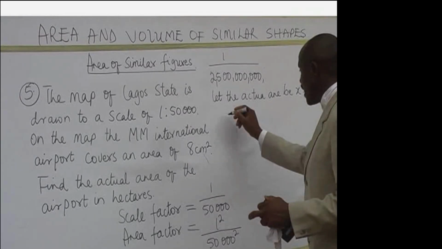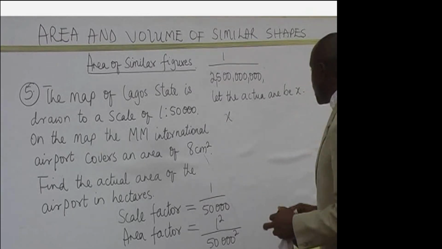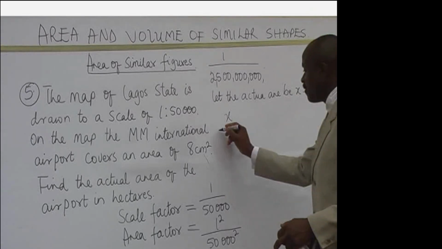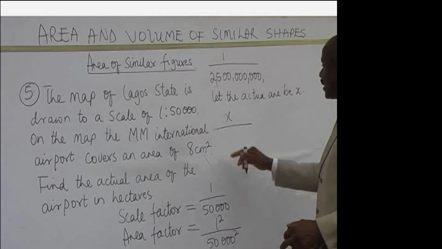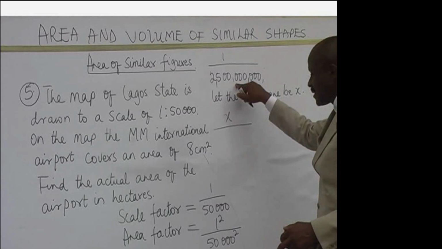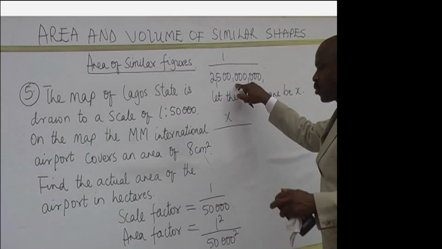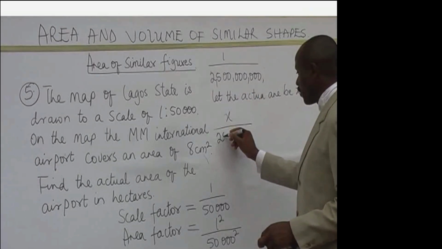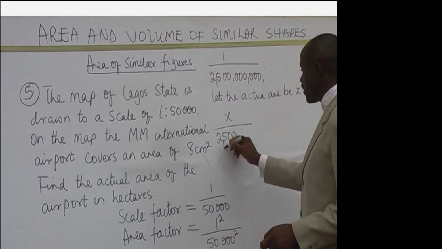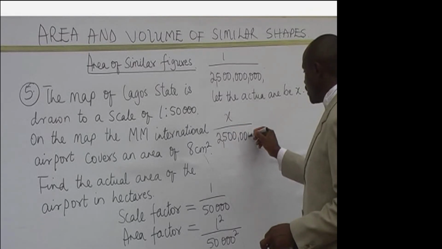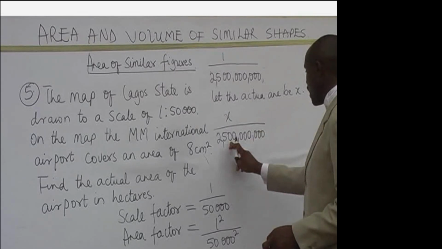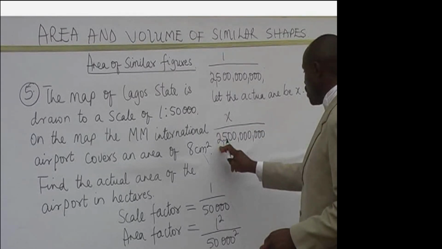That means X, the actual area on land, divided by the area factor that represents the actual measurement on land, which is 2,500,000,000.